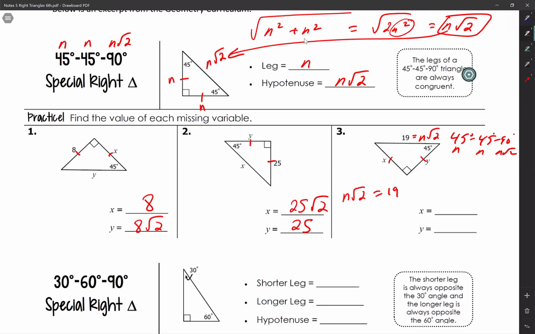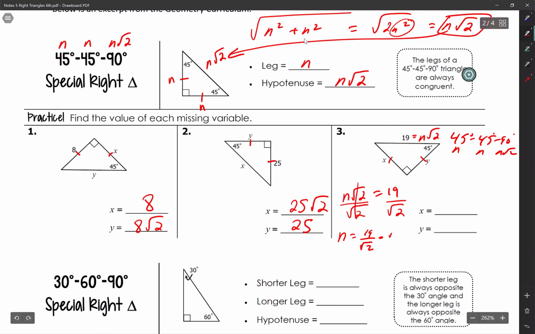To get rid of the square root of 2, you just have to divide. Divide by square root of 2, divide by square root of 2. And you get n equals 19 divided by square root of 2. And you can leave it like that, but I think it's probably best if you rationalize the denominator. Rationalize means that you want to have a whole number in the denominator. Rationalize the denominator.